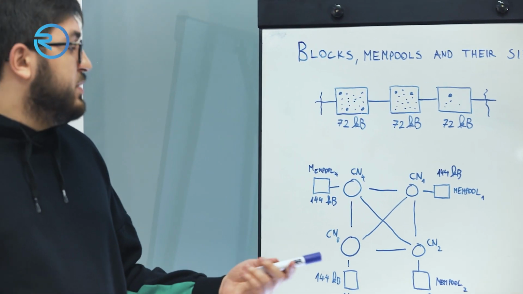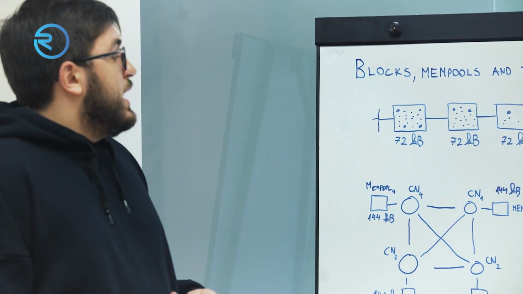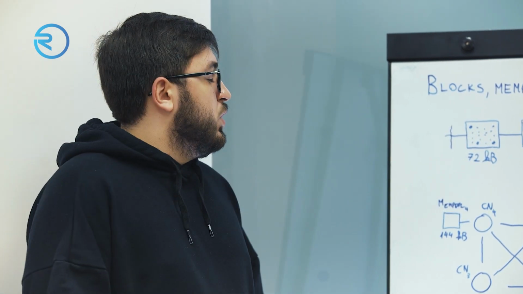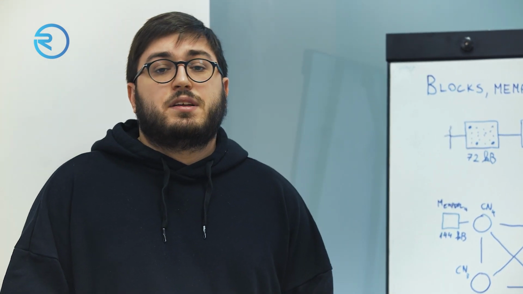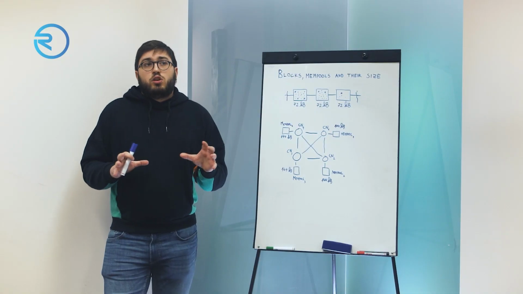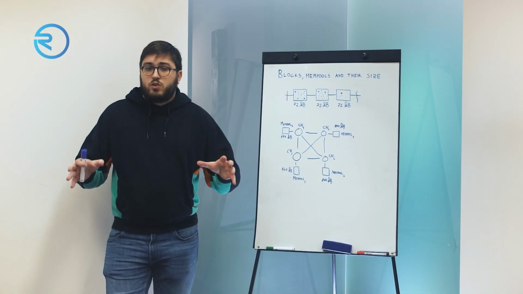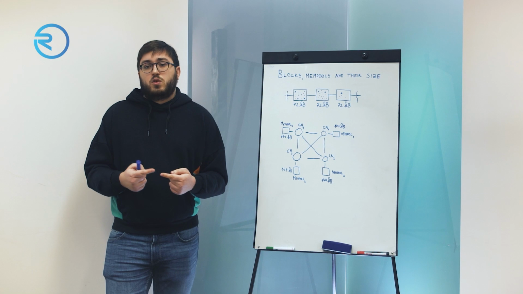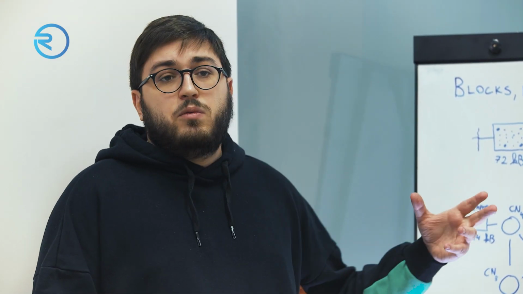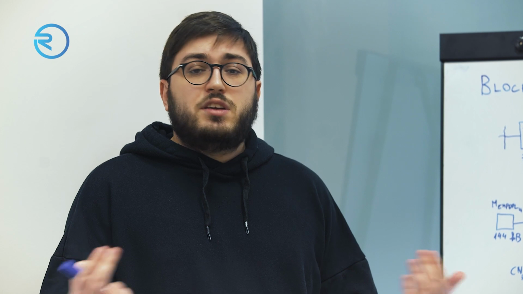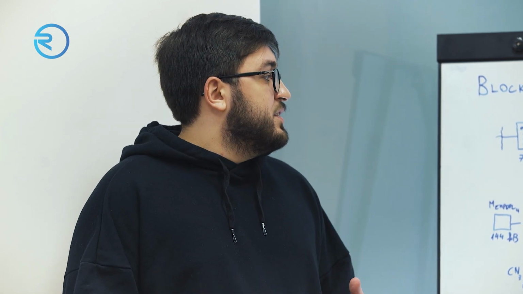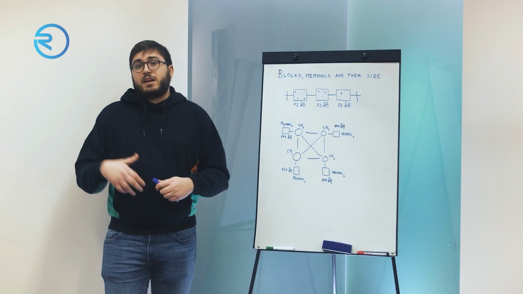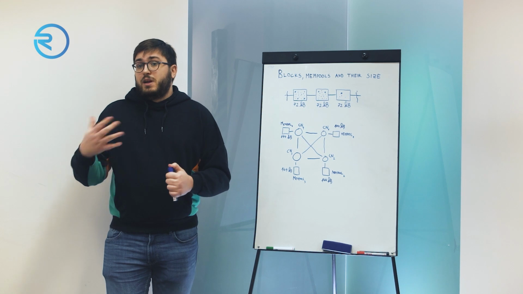One other solution besides increasing the mempool size is to increase the block size, so more transactions can fit in one block. But we have to be careful with that, because imagine if you have only two nodes on some network in one room connected with cables, then you have high bandwidth between these nodes, and the block size can be even 1 gigabyte, and you could easily send this amount of data between these two nodes in a few seconds, because you have gigabits per second and even higher internet bandwidths now.